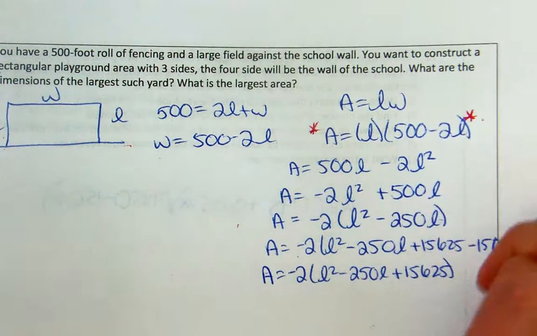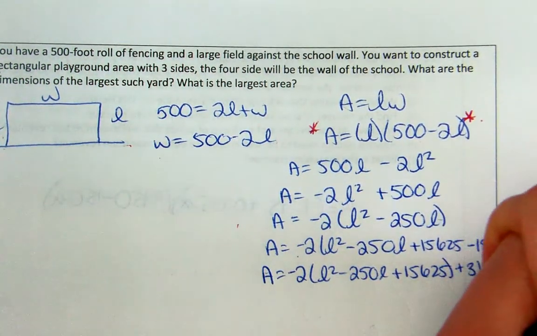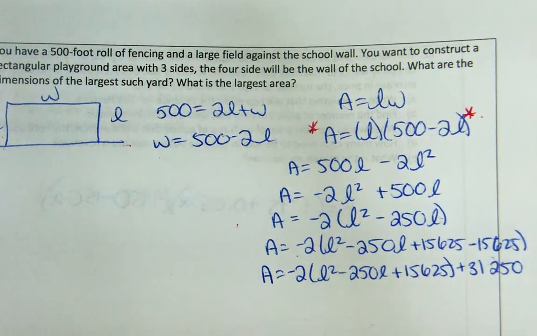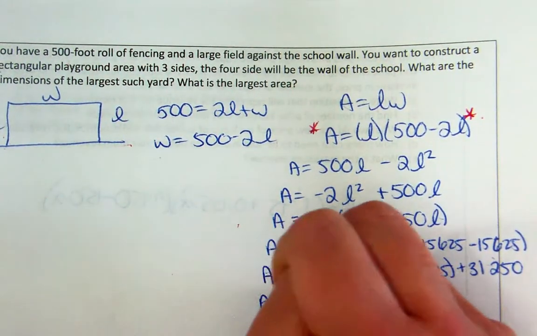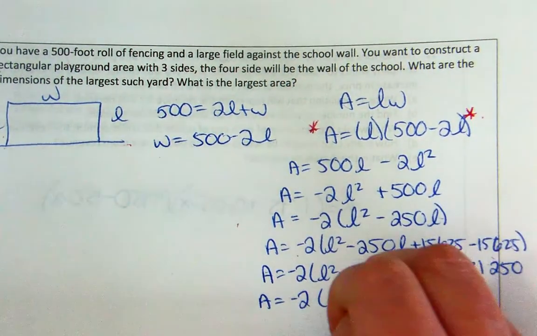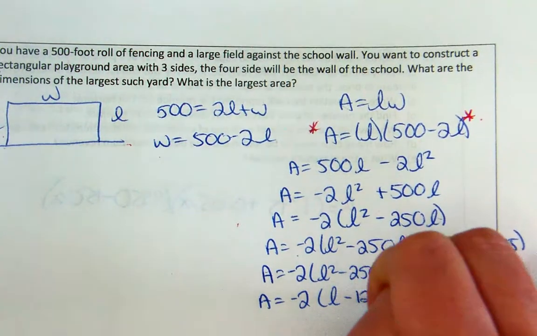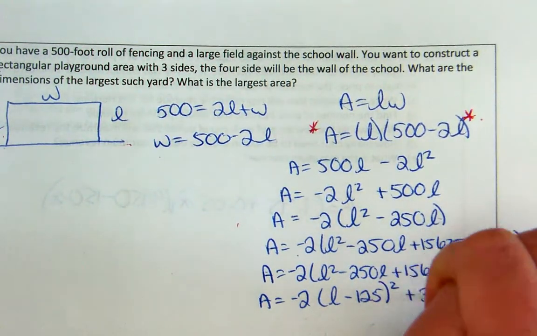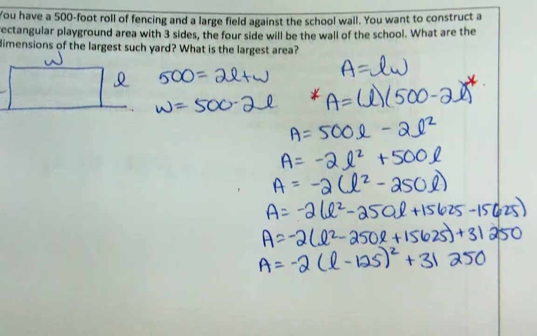So times negative 2 gives me positive 31250. And then I'm going to factor my perfect square. So L plus B over 2, which gives me L minus 125 squared plus 31250.